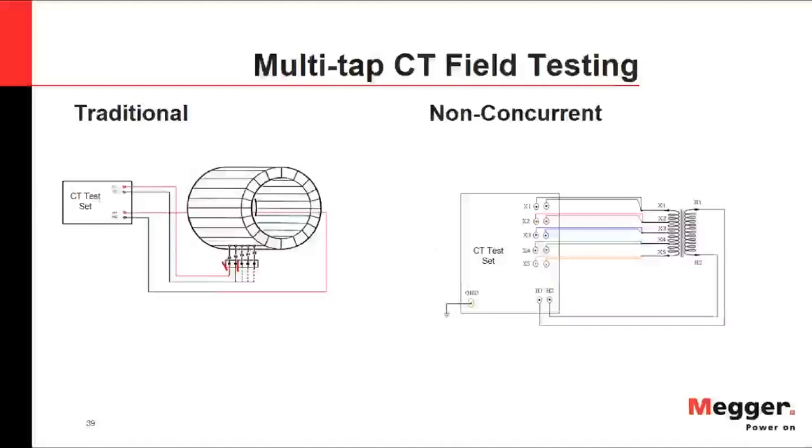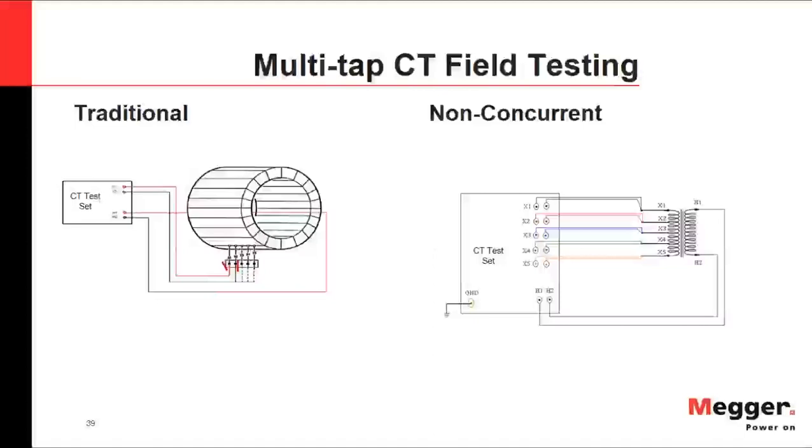Then you start doing some insulation resistance test, and then you start doing your saturation test. So there's maybe more than just one piece of equipment. When we were doing this in the traditional way, maybe a few years ago, that was the way to do this, just going one by one.